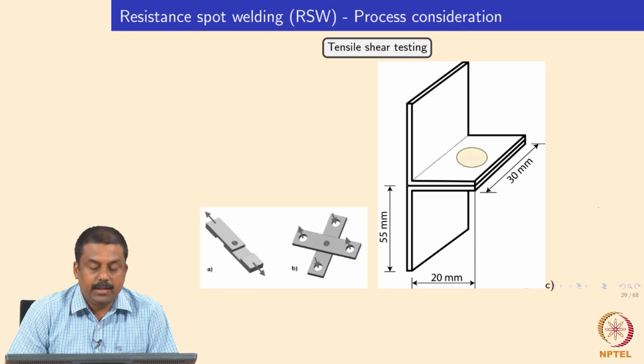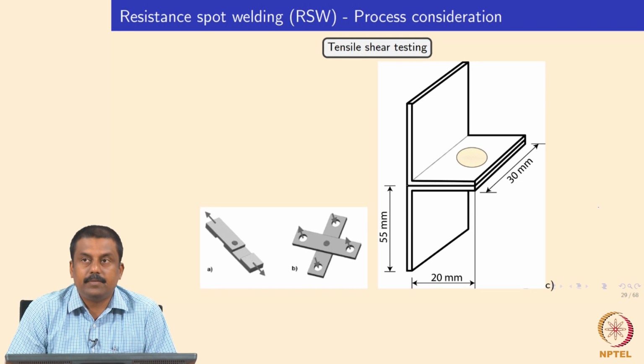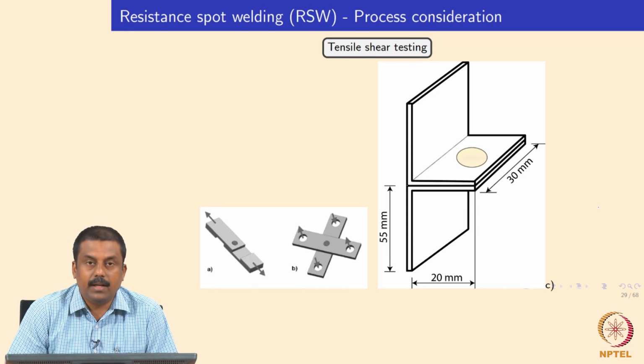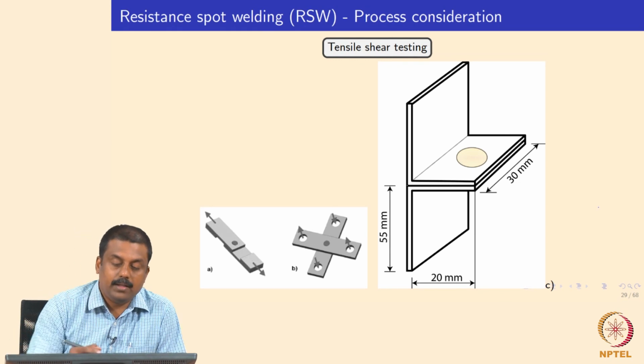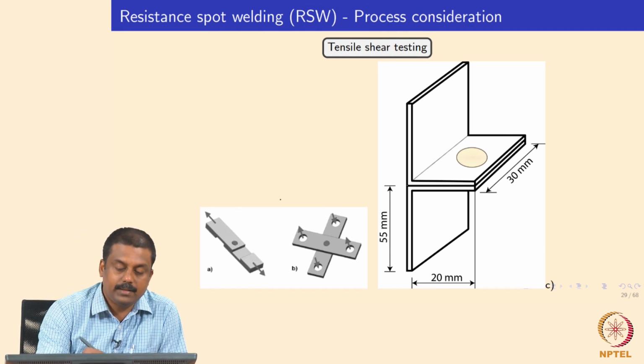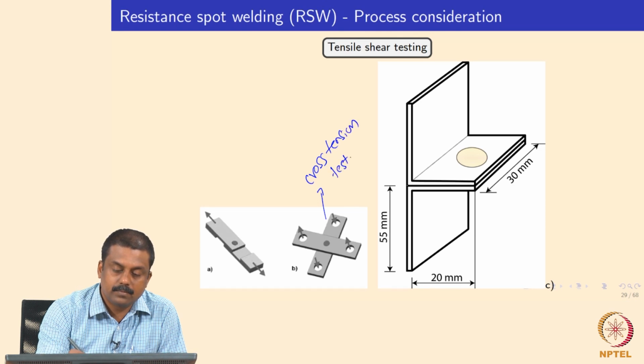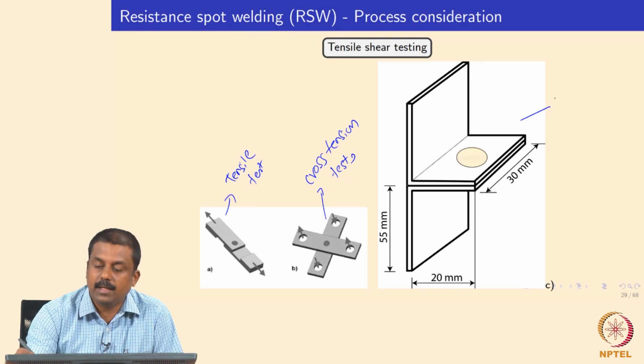Now the most common testing methods we use for resistance spot welding in automotive industries to identify the weldability or the strength of the welds are the two tests I explained here: this is the cross tension test, this is the simple tensile test, and this is the lap shear test or L tensile shear test.